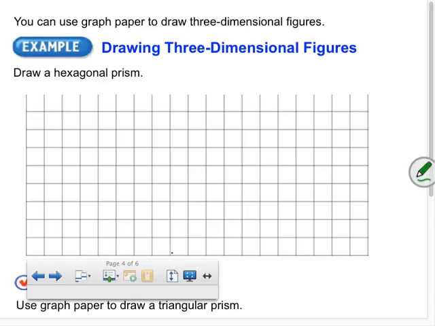So here we go. A hexagon has how many sides? 6. Now the sides that I can't see, I'm using a dotted line to draw those sides. Okay? That looks kind of messy. I'll fix that up.